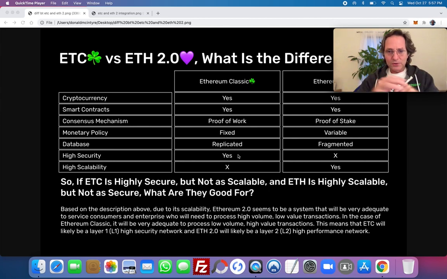The same kind of redundancy and replication of the system in all nodes is exactly the same thing in Ethereum Classic or in a Nakamoto consensus blockchain. But in this case, rather than routing information, they replicate the information in all the nodes to have that redundancy.